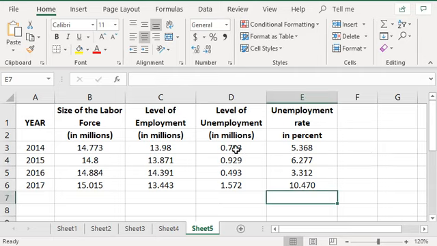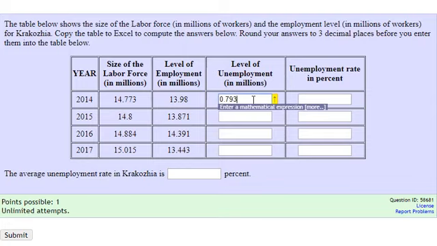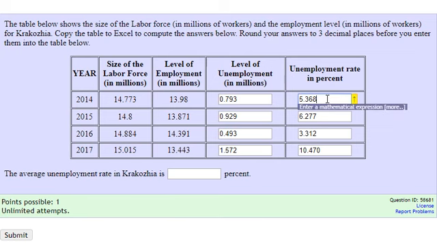I'm going to copy this stuff in one at a time into my OpenMath. I'll spare you the details. And you can see that I've copied the data in from Excel. We have 5.68% unemployment in 2014, 6.277% unemployment in 2015, 3.312% unemployment in 2016, and then it jumps up to 10.47% unemployment in 2017.